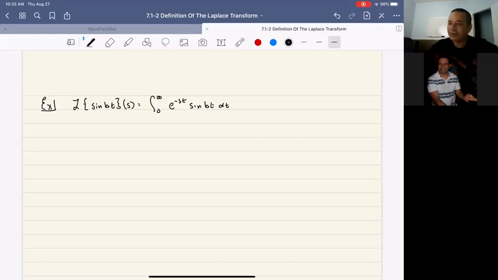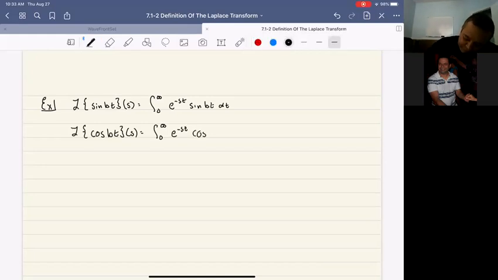In fact, we're going to get two Laplace transforms. We're also going to get the Laplace transform of cosine of bt of s, which is the integral from 0 to infinity of e to the negative st cosine of bt dt.